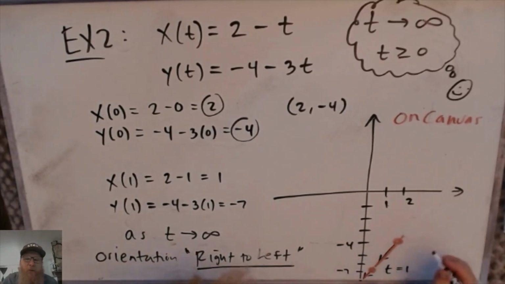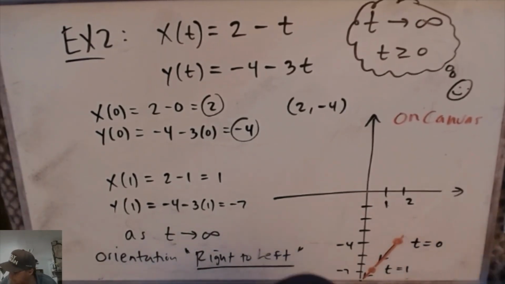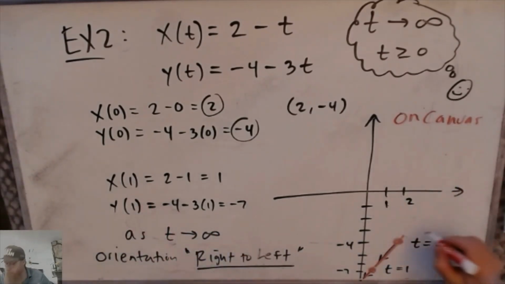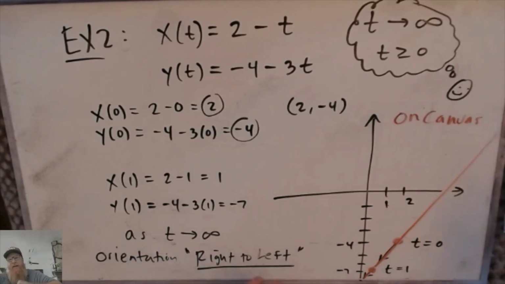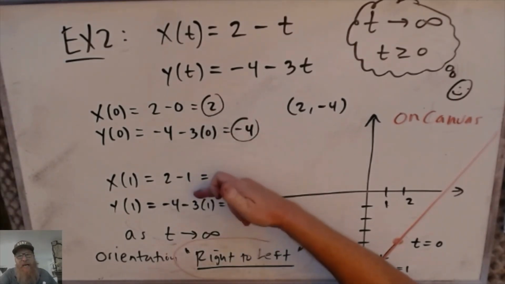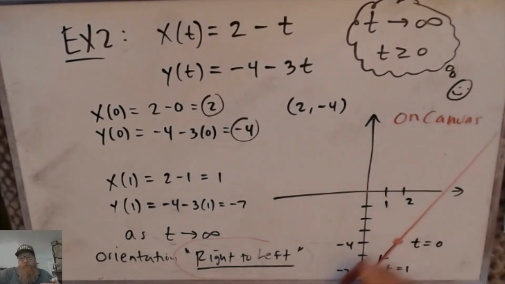Even though it was correct according to my definition, the computer just wasn't reading this as being correct. So in order to get your graphs on canvas to mark correct, just draw a straight line, and the orientation of the line is just based on the value of t. So as t goes to infinity, pay attention to what direction the line is actually moving in.